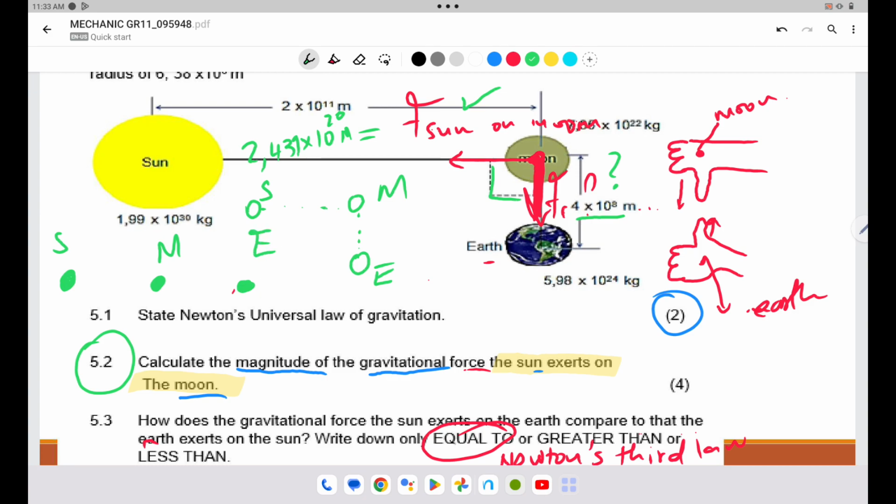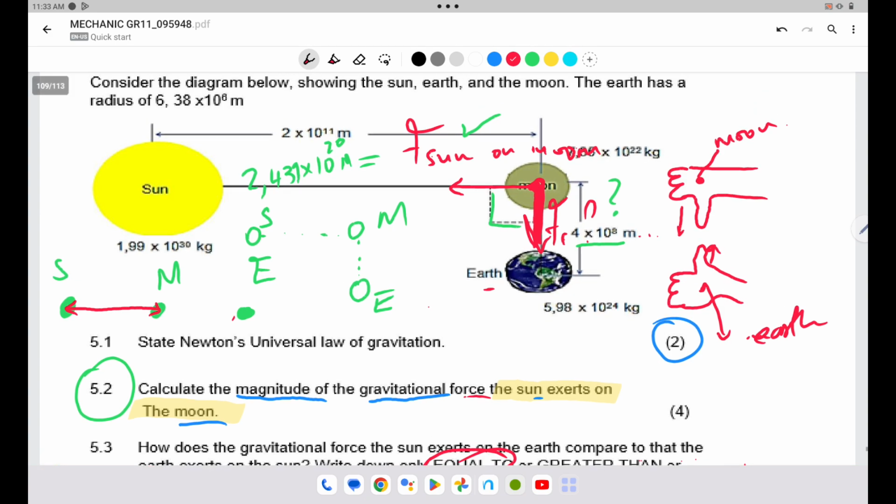So my challenge to you would be, arrange these bodies as I have on this diagram and try to do the same calculation. Calculate the net force experienced by the moon. This distance was 2,1 times 10 to the power 11. This one was given as 4 times 10 to the power of 8.